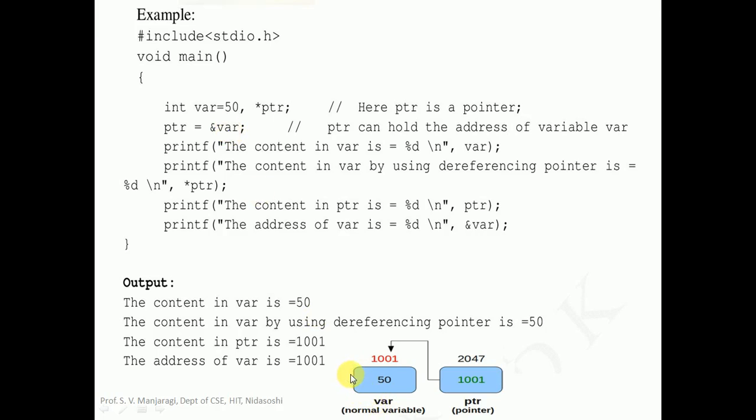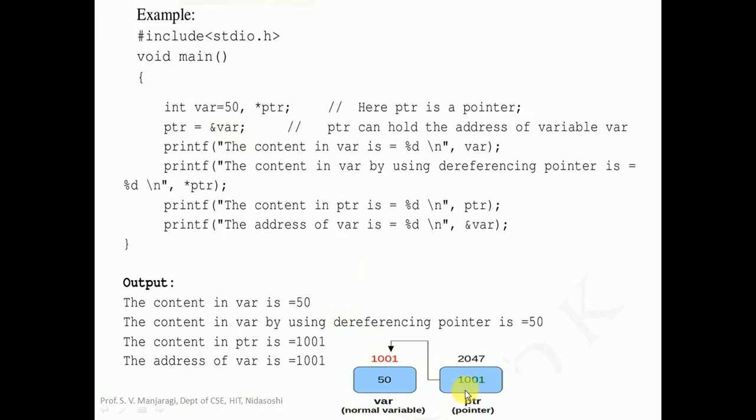So that is referencing this particular memory location, and address of this memory location is 1001. That is the address of the variable var will be 1001. So ampersand var will be extracting address of the variable var, that is 1001, which is assigned to ptr. Now ptr is holding address of the integer type variable var, so that is 1001.